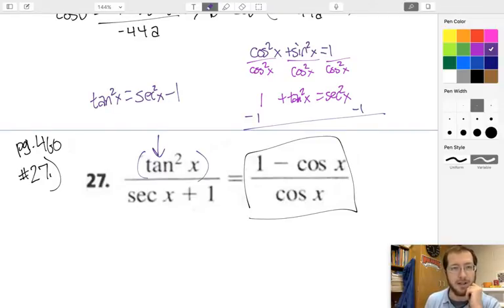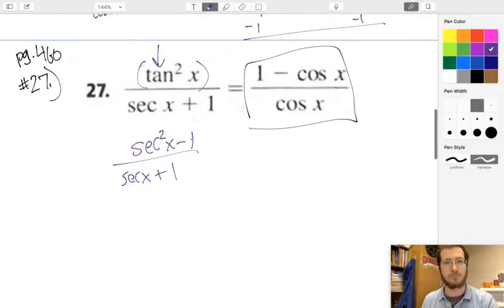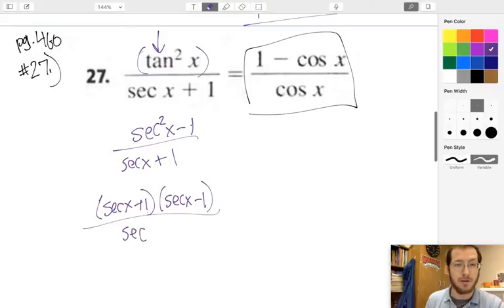All right, so working the left side, we're going to say secant squared of x minus 1 over secant of x plus 1. And this is the difference of squares, like we said, so let's factor that out. We're going to get secant of x plus 1, secant of x minus 1 over secant of x plus 1.